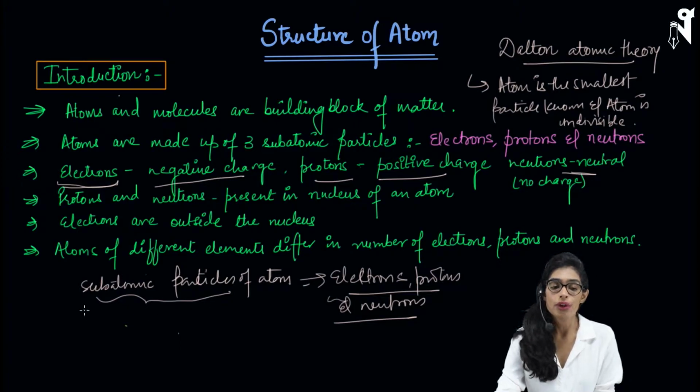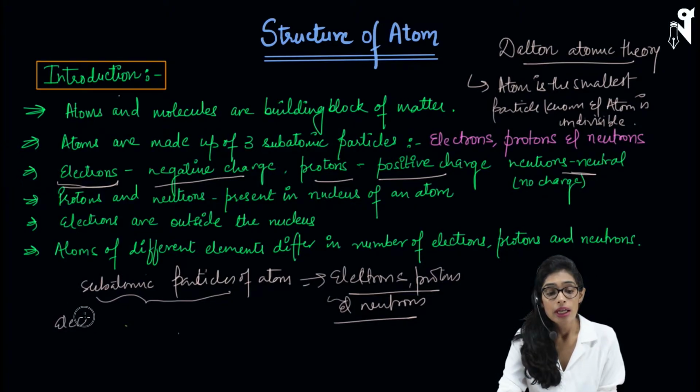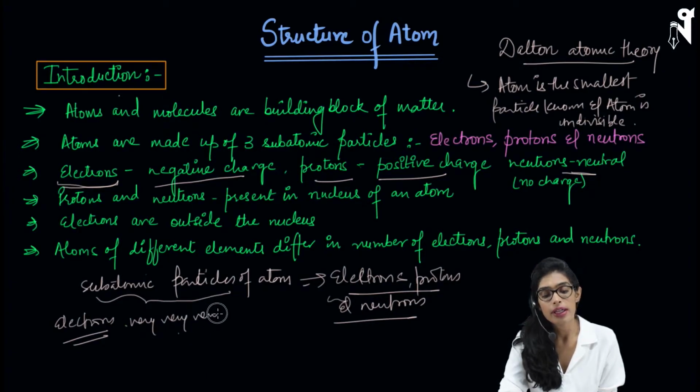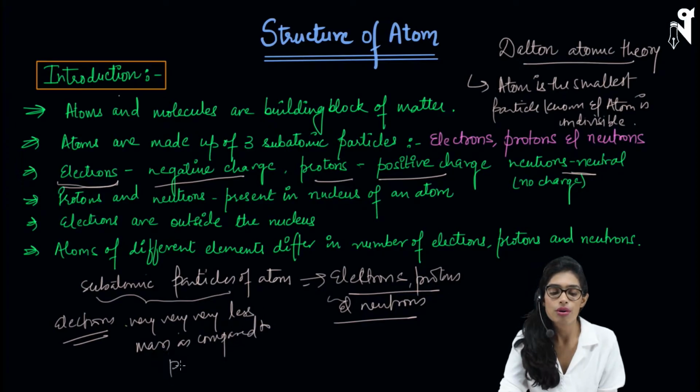Now for your information, electrons are the subatomic particles which have very, very little mass as compared to protons and neutrons.